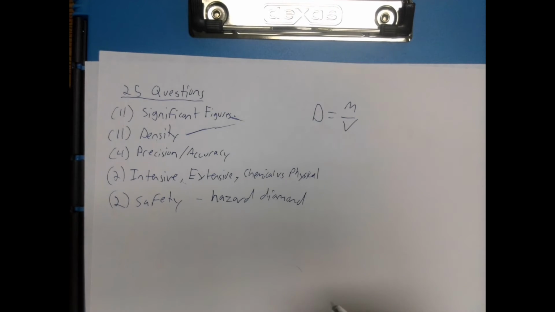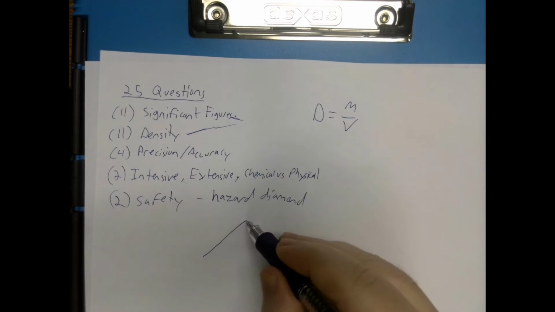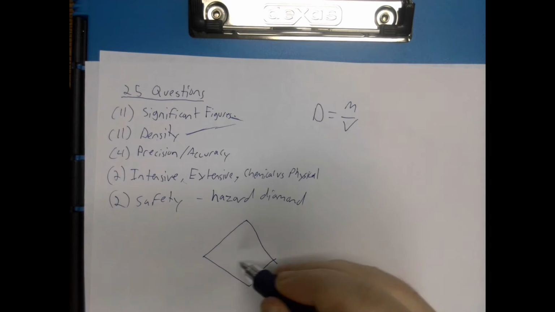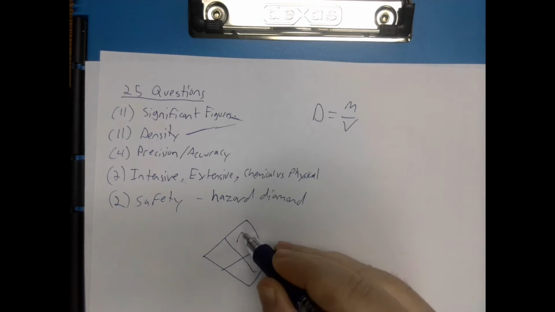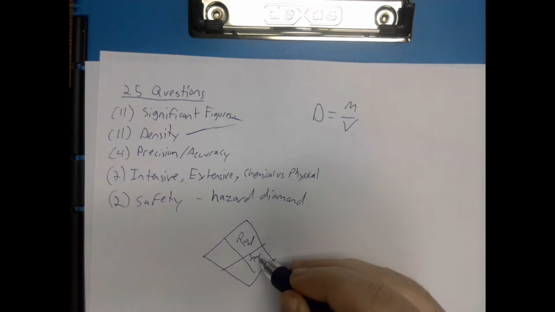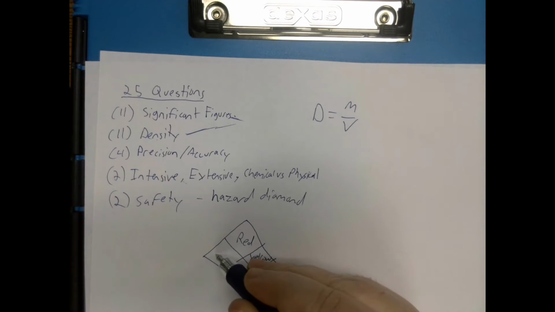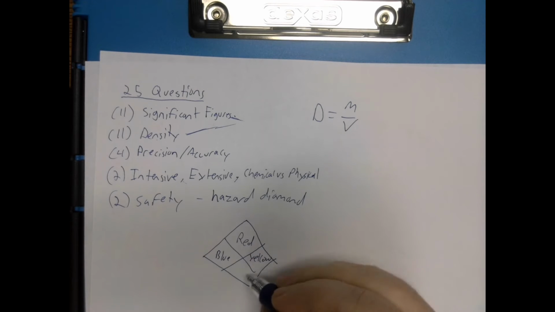You might need to look up the PowerPoint. Yeah, so we have red on top, yellow on the right, blue here, and then we usually have some symbol, and yes, this is going to be white.